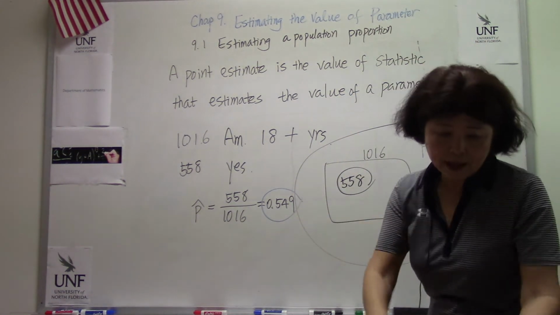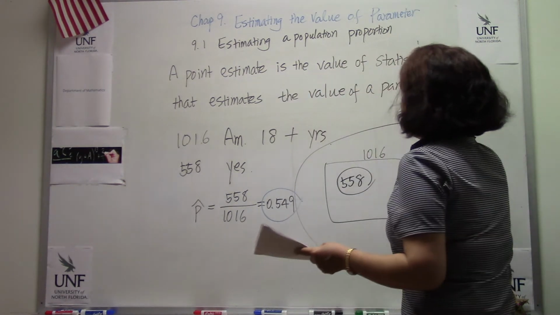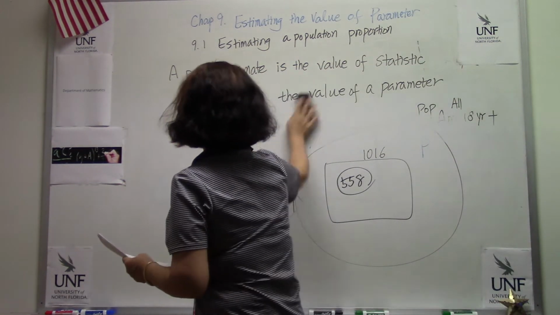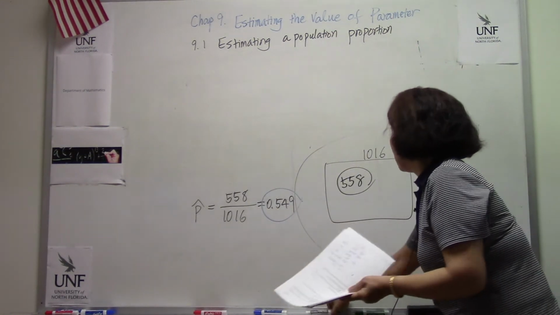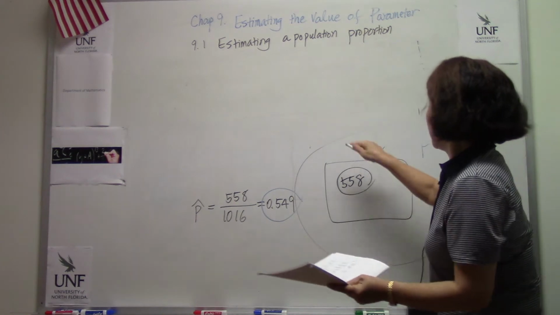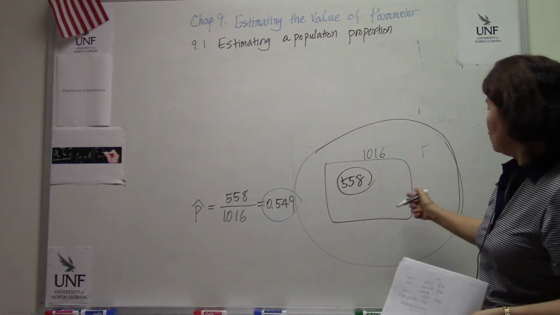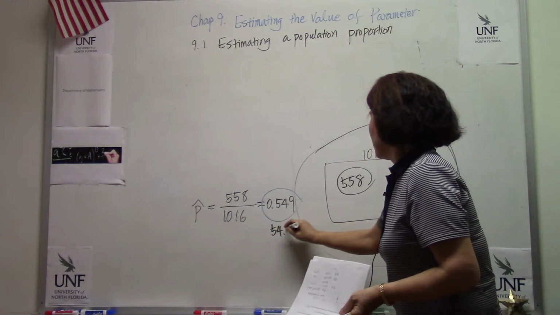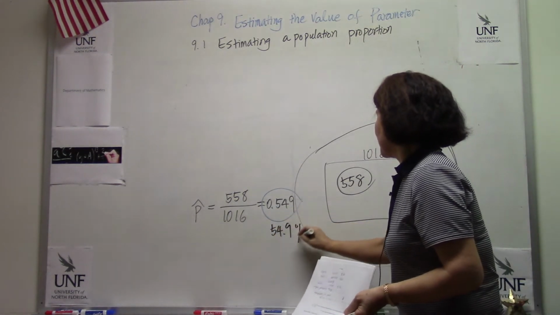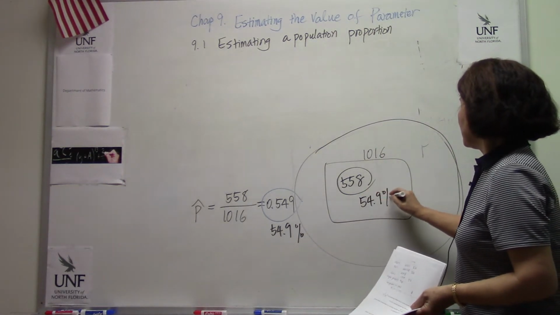So naturally, let's start from here. When you apply this to the entire American population, a huge population, this is 54.9%. That's what this sample says.